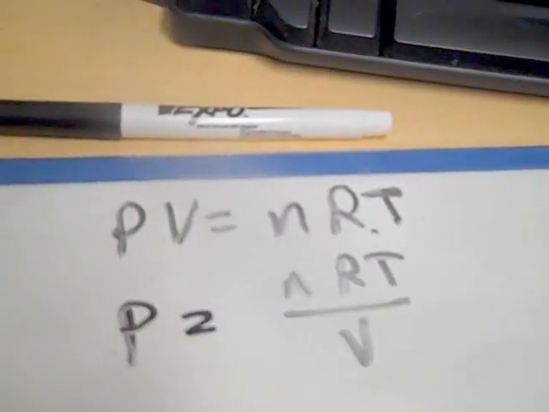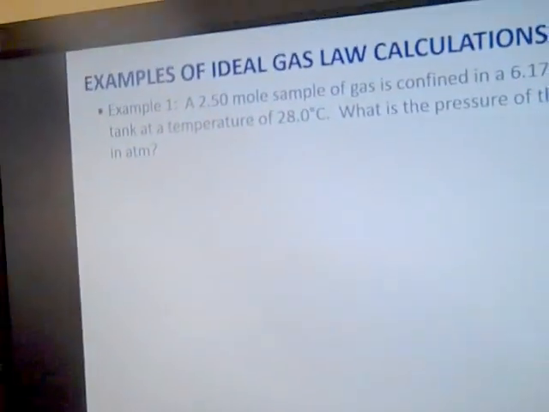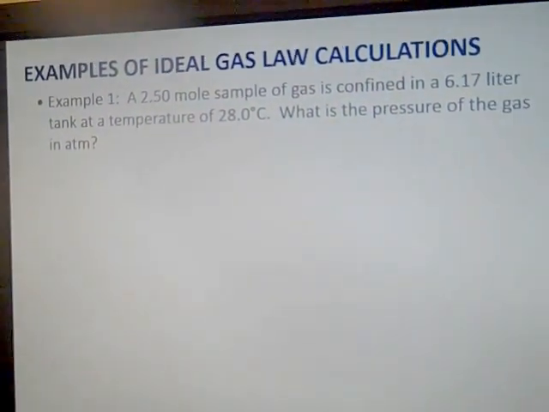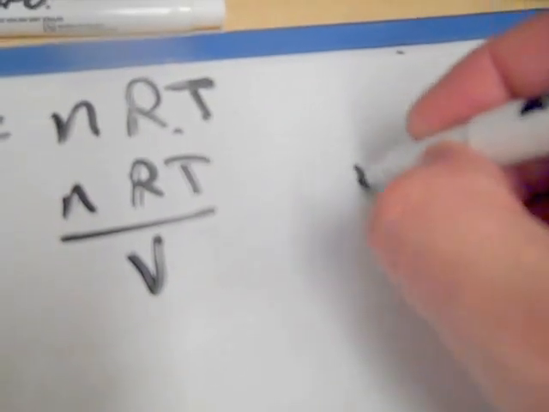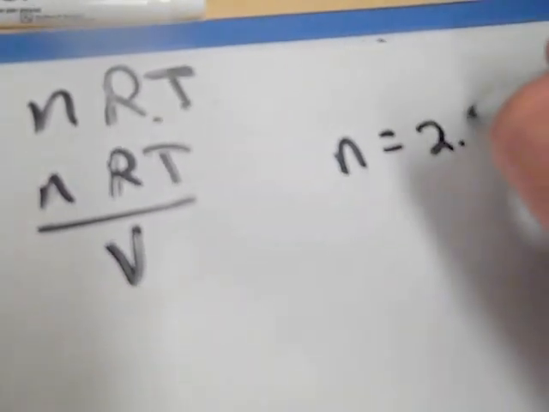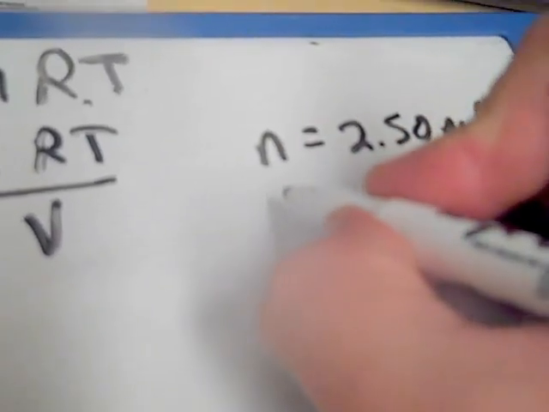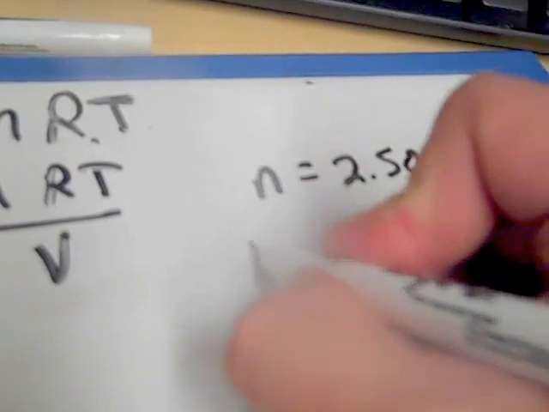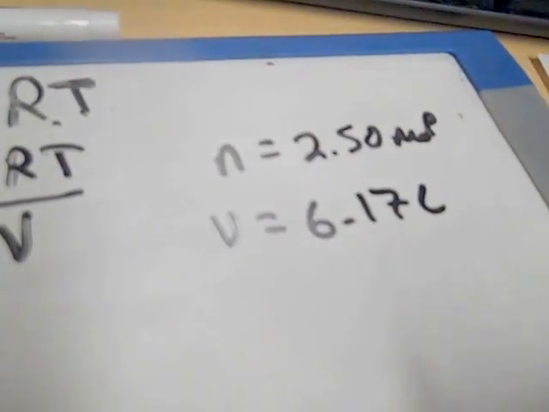Okay, so you just need to determine what the appropriate values are. We know that we have the number of moles, 2.50 moles. R is the gas constant, that will be the same. The volume here, we're told, is 6.17 liters.